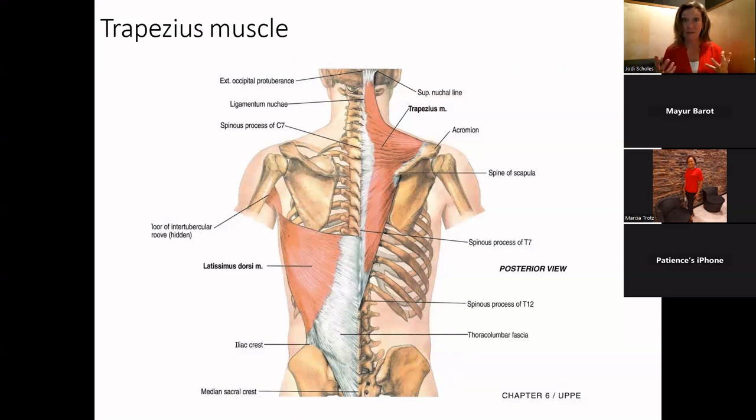Makes sense, right? And remember too, we love this spine of the scapula because it tells us where the rotator cuffs are hiding. We've got a little infraspinatus here, a little supraspinatus above, supra, above the spine of the scapula, infra, tucked in under the scapula. Excellent.